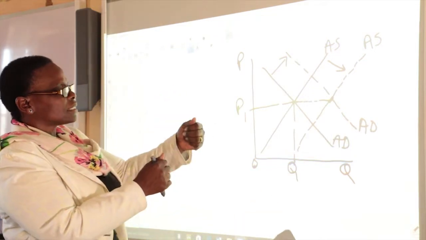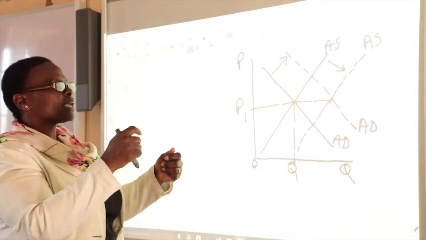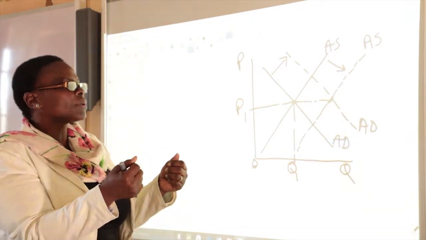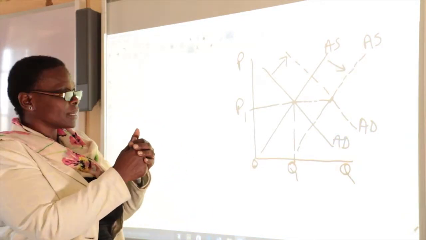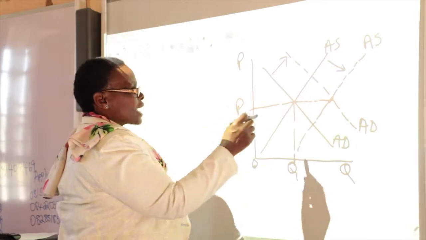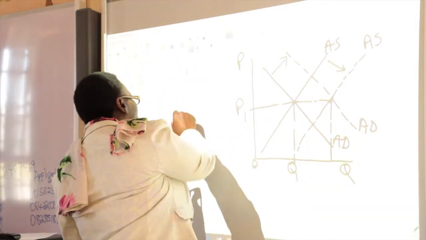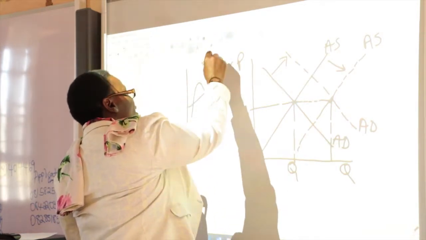If aggregate demand increases, let us meet that increase in demand by manipulating the supply side so that the economy can produce more goods and services to meet that increase in demand. So with business cycles, that was to fine-tune the economy, to fight inflation and unemployment.